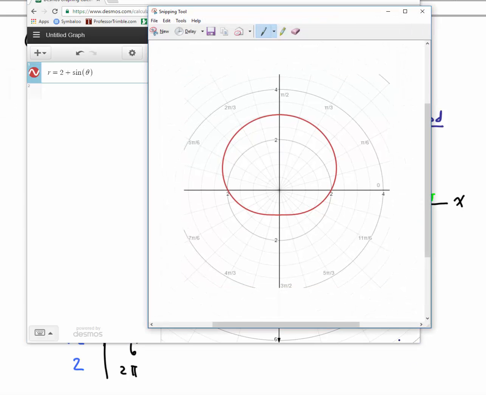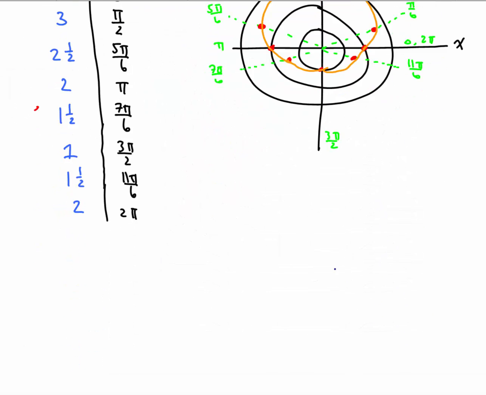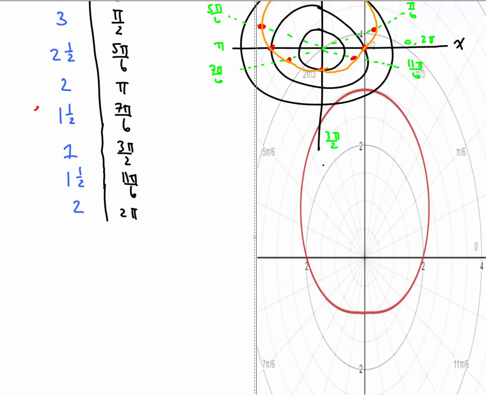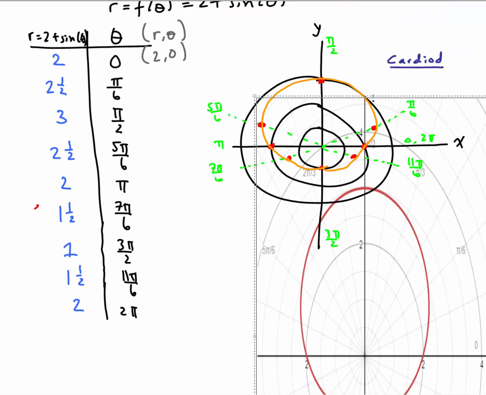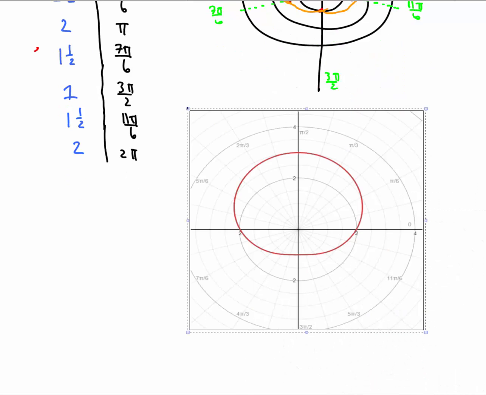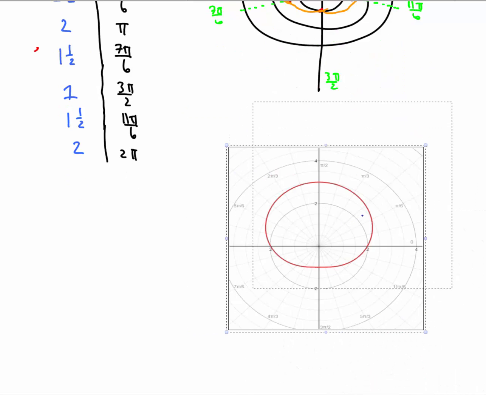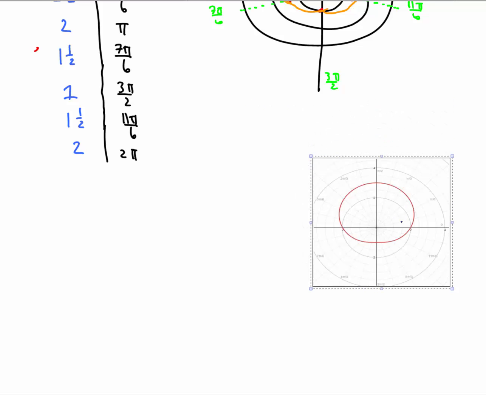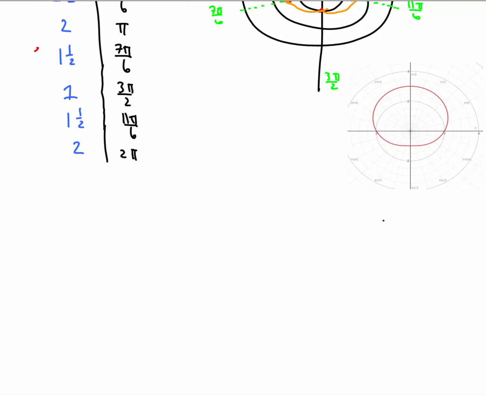That was very difficult. A real basic one like a cardioid seems reasonable, but there's some crazy graphs out there. And so while you're working through your homework and your handwritten homework, I really recommend that you graph these just to get an idea, to kind of start getting an idea of what some of them look like. Okay, so that was an example of a cardioid.